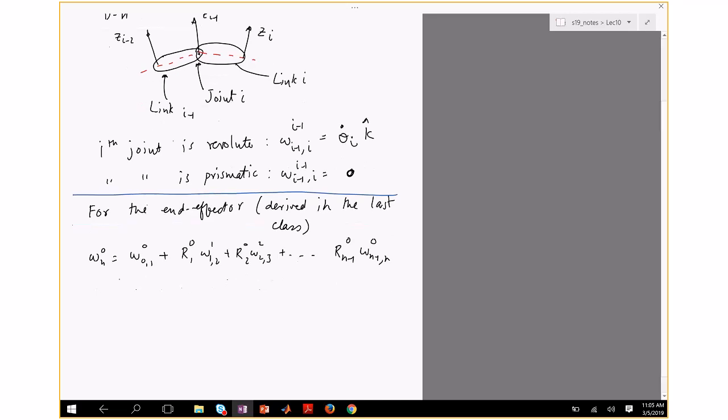I'll write it down as rho_1 q1 dot k, where q1 is the degree of freedom associated with link 1. Rho_2, I'll explain what rho_2 and rho_1 mean in a bit, plus rho_3 q3 dot k, plus so on till rho_n.